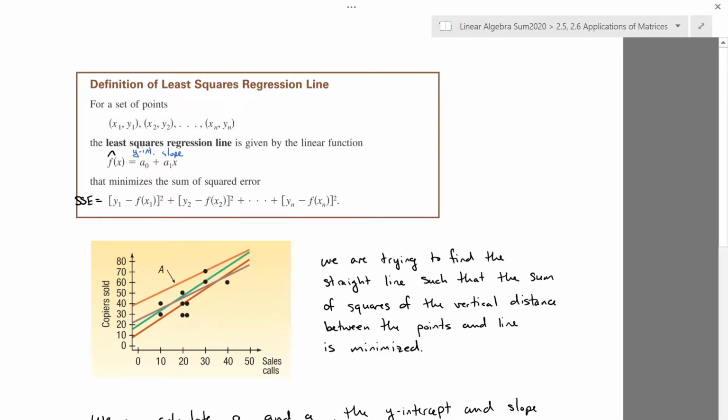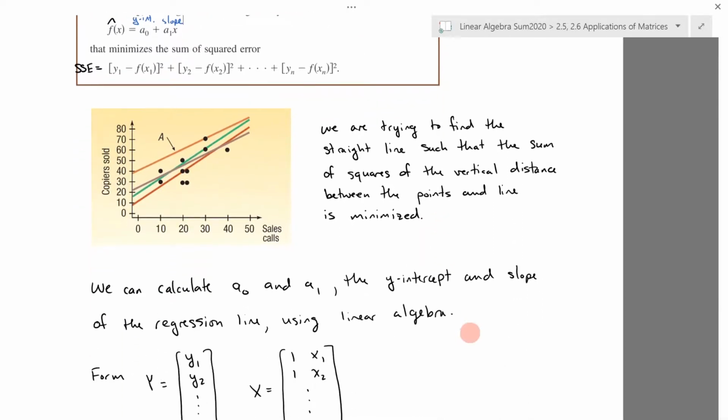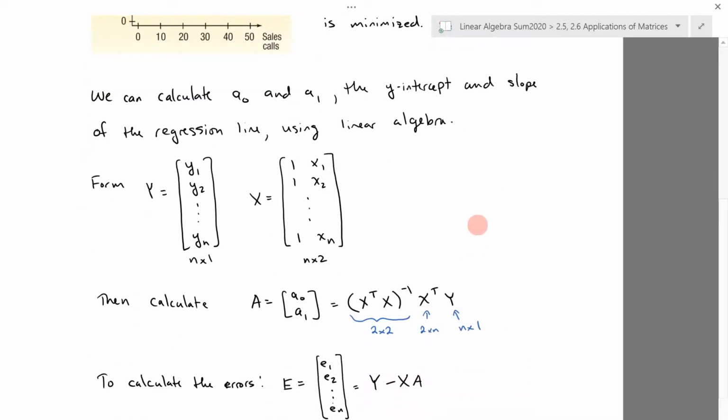Okay, so basically to get the least squares regression line, we need to somehow calculate a0 and a1, right? So the y-intercept and the slope. We can calculate these values using linear algebra in the following way. First, we set up two matrices, which we'll call y and x.